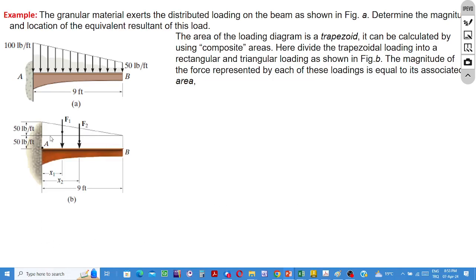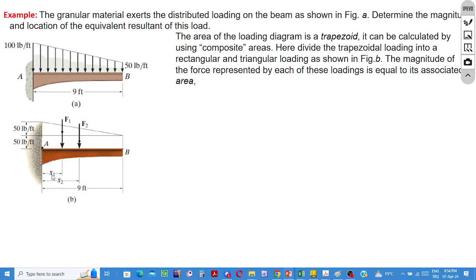The rectangular part of the area under the load curve corresponds to the magnitude of the resultant force F2. The line of action of F1 passes through the centroid of the triangle. The line of action of F2 passes through the centroid of the rectangle.